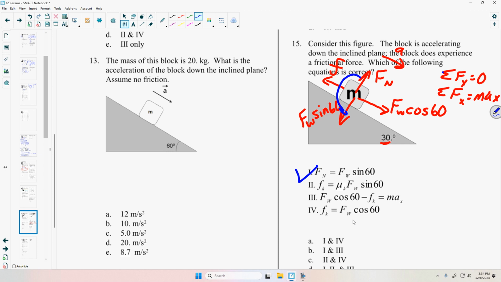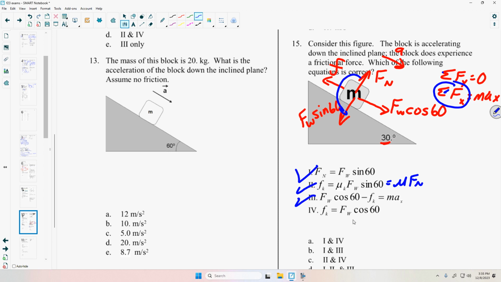And then if Fk is equal to mu k times Fw sine 60. That's just to say that Fk is equal to mu times the normal force. So that is true. Just that Fw sine 60 is the normal force. And then Fw cosine 60 minus Fk is equal to max. That's true. That's just a restating of this equation where I do the sum of the forces.